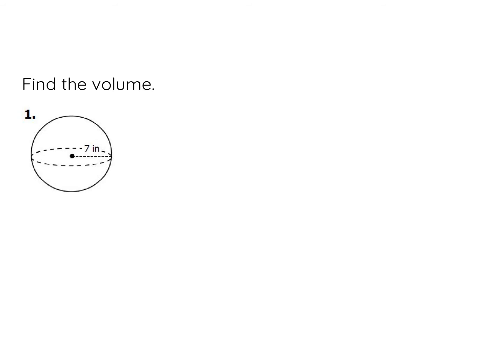So right away here, I have a sphere. I want to find the volume. 4/3 pi r to the third. When you're doing 4/3 in your calculator, you can literally just type in 4 divided by 3, and then times pi times my radius here, which is 7 to the third power.